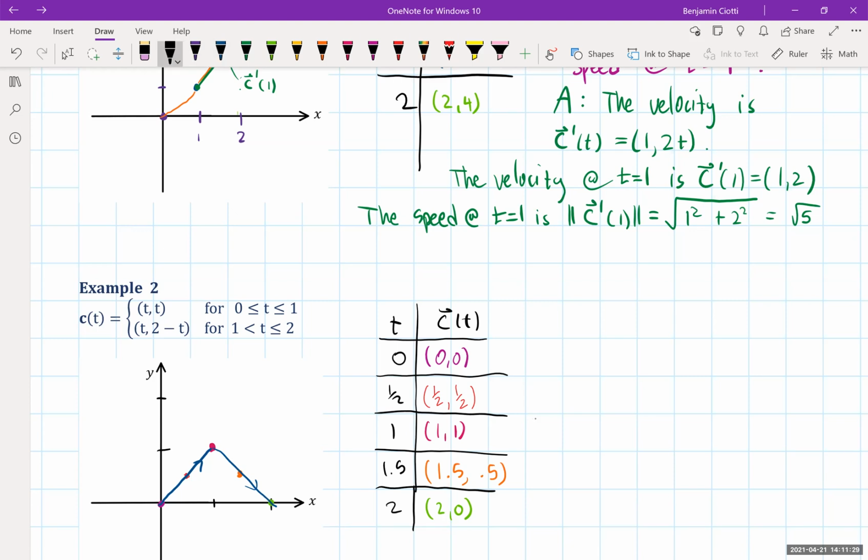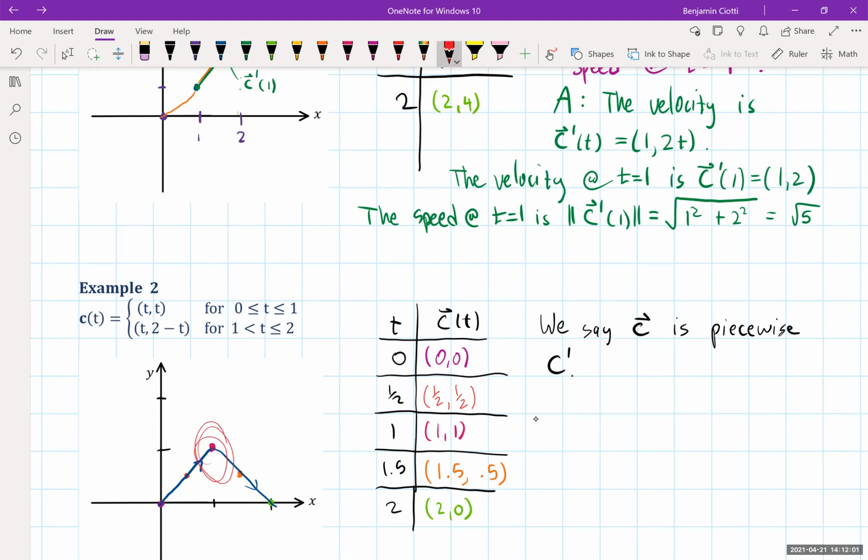We would call this a piecewise C1 curve, because it's made of two pieces, this piece and this piece. Each piece is C1. It's not C1 where they meet.